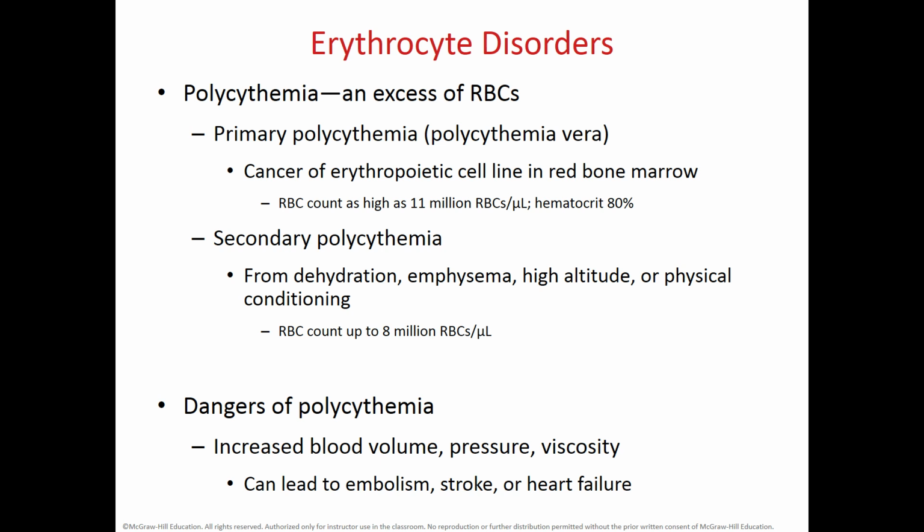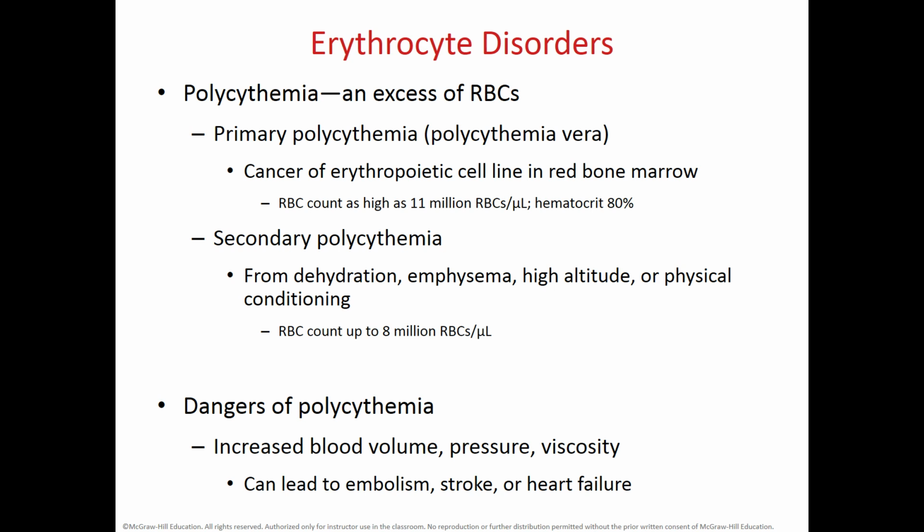Primary is known as polycythemia vera, and this is cancer of the erythrocyte colony forming unit. So this erythrocyte colony forming unit is making an excess of red blood cells. Someone who has this type of polycythemia can have a red blood cell count as high as 11 million red blood cells per microliter and a hematocrit of 80%.